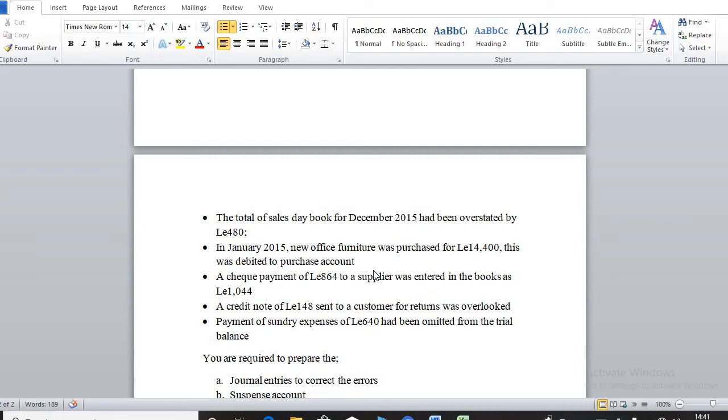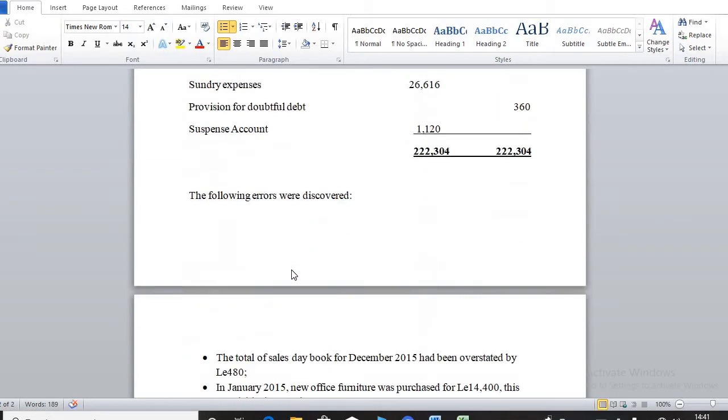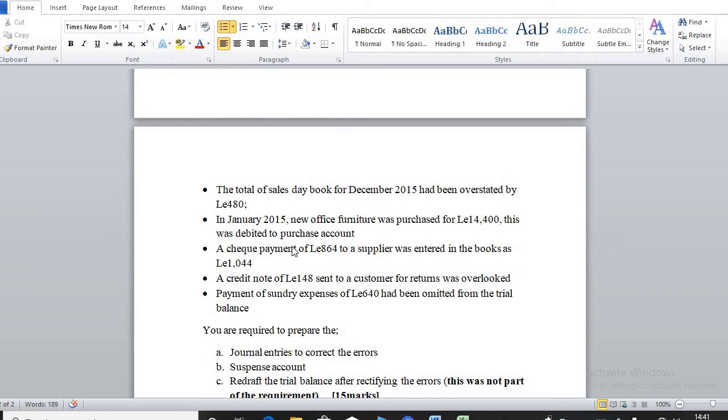And how does it affect these accounts? If you see something like this, you have to find the difference between the amount that was recorded and the amount that was actually to be recorded. This is the one that was recorded, and the actual figure to be recorded was this.